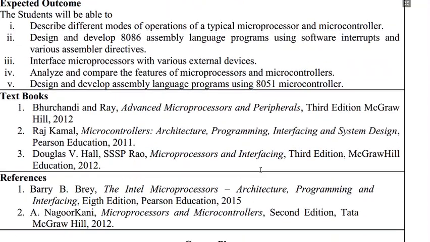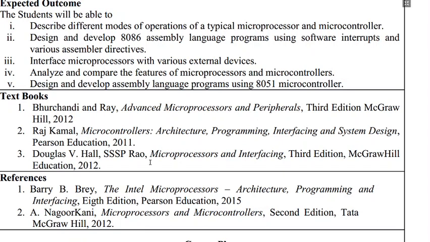If you are ready after reading textbook 1 to delve more into microprocessors and microcontrollers, I suggest reading Barry B. Brey, The Intel Microprocessors: Architecture, Programming and Interfacing. You can also read Microprocessors and Interfacing by Douglas Hall and Rao.